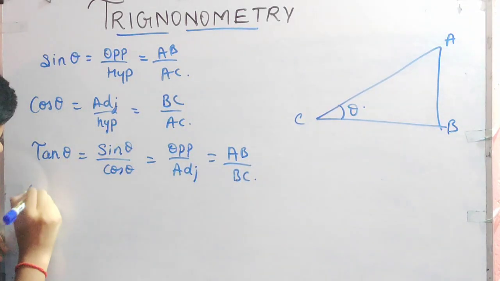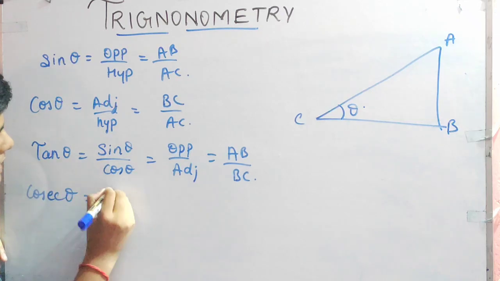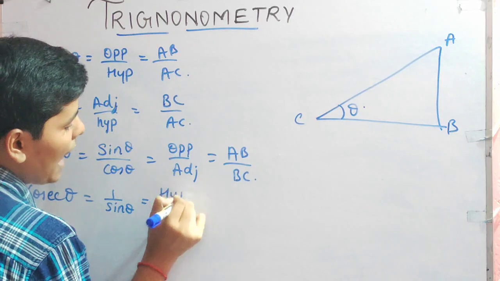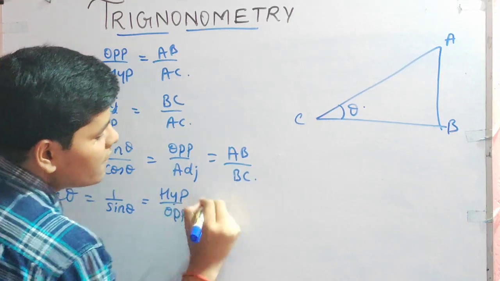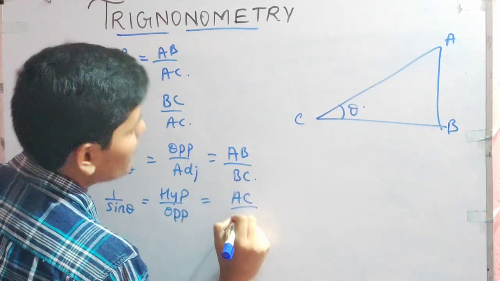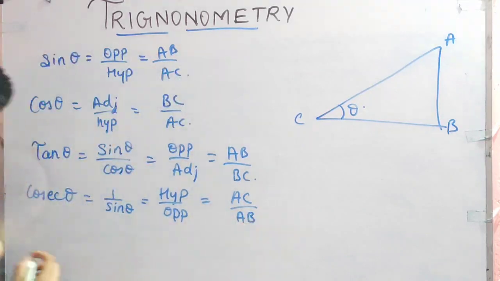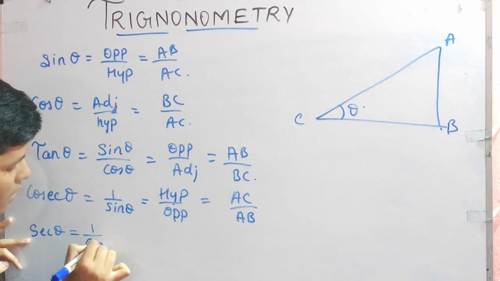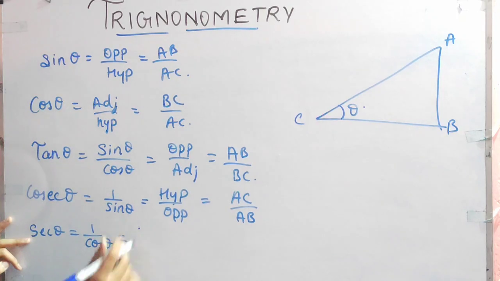Then we have cosec theta, that is equal to 1 by sin theta, that is equal to hypotenuse by opposite, which is equal to AC upon AB. And then we have sec theta, which is equal to 1 by cos theta. What is cos theta?